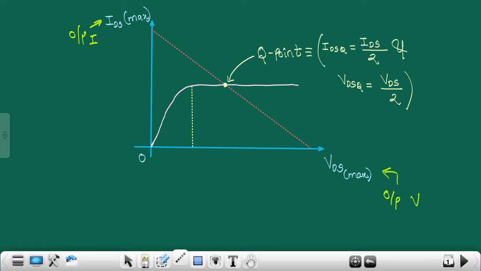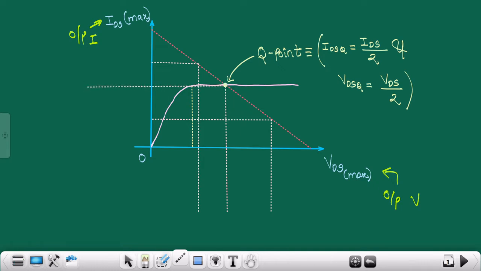Let's suppose I'm considering this particular point, and this one somewhere over here, like this. Let me take this projection downwards, this Q point over here and this one over here, and extend this projection till here and this one till here.